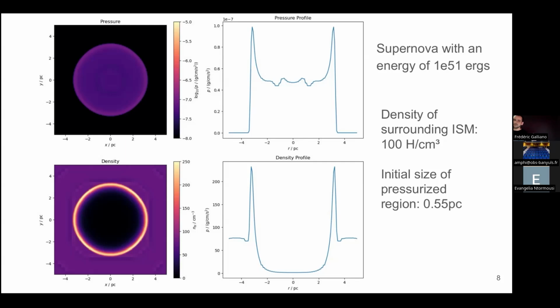The initial setup is an over-pressurized region of 0.55 parsecs with the high pressure of the supernova, and then it expands. Top left is pressure, bottom left is density, top right is the pressure profile on one axis, and down right is the density profile. As you can see, the density has a spike there, it's a shell, and the same in the pressure.